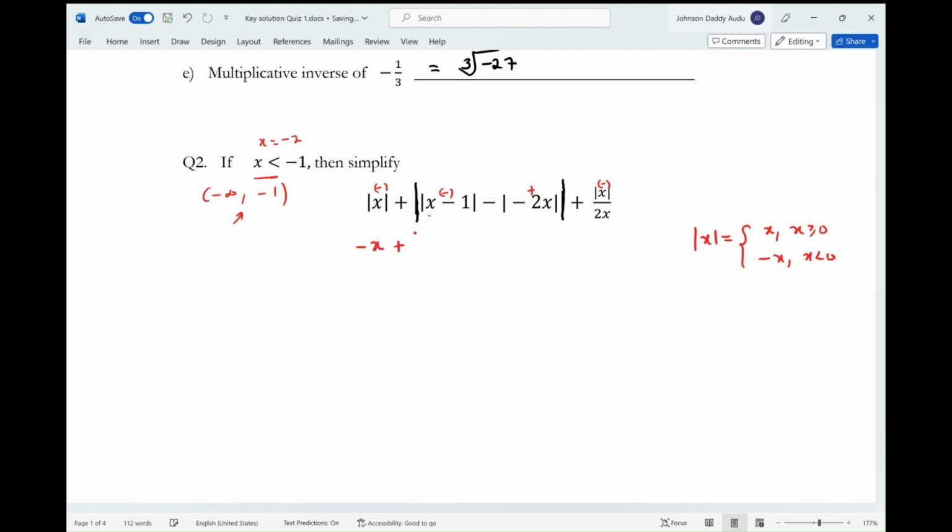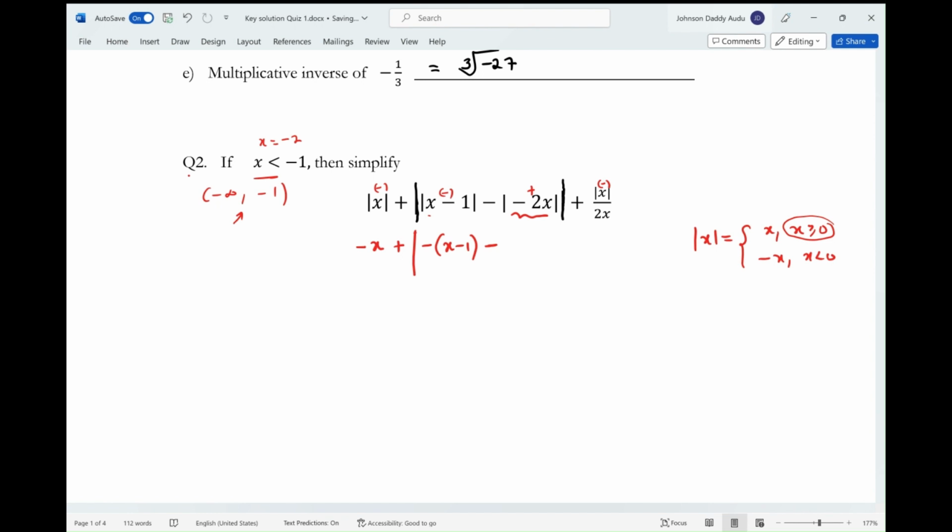Now let's keep this bigger absolute value and finish with the inner one. The inner one, since we have x minus 1 is negative, then it means we are going to have also minus x minus 1. Then this minus is here. Then to deal with this one, you see that here it's positive, because if x is less than 0, since it's positive, we will use this definition.